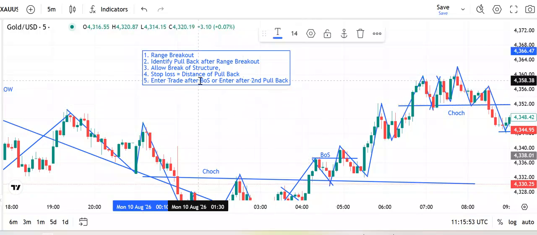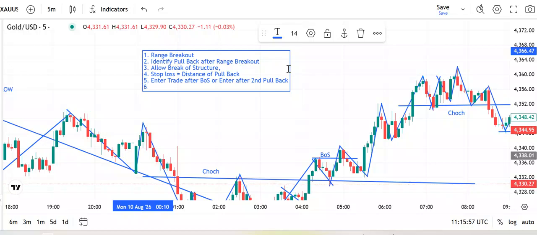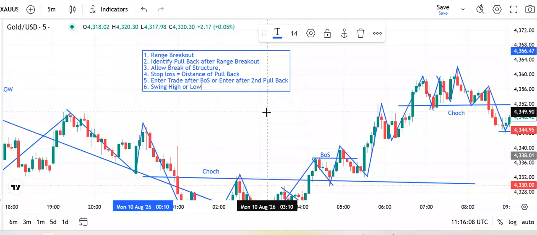So point number 6 to note is swing high or swing low is after second candle formation.